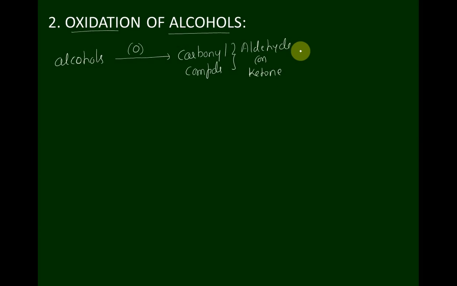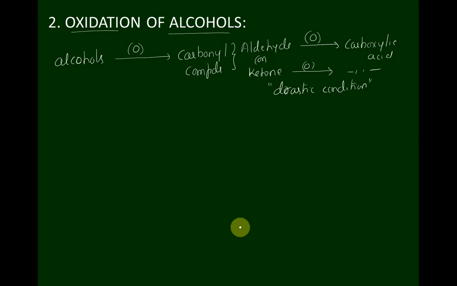When these carbonyl compounds are subjected to oxidation, aldehydes get converted into carboxylic acids, whereas ketones can also be converted into carboxylic acid on oxidation, but only under drastic conditions.